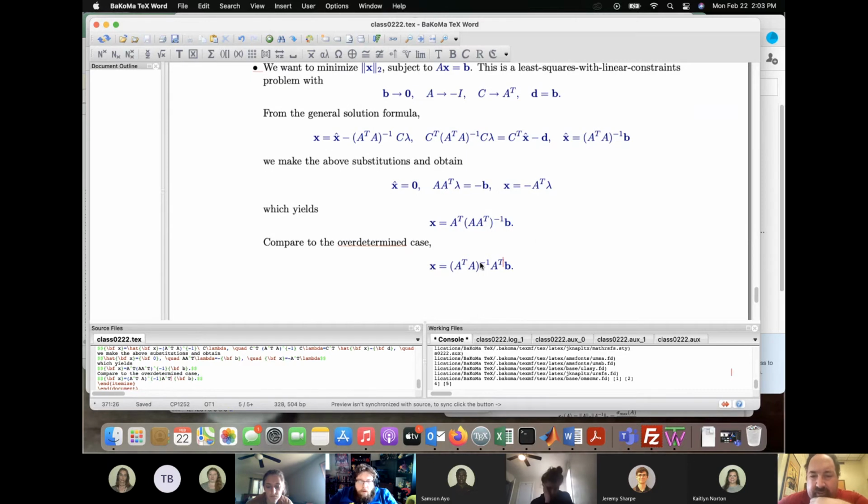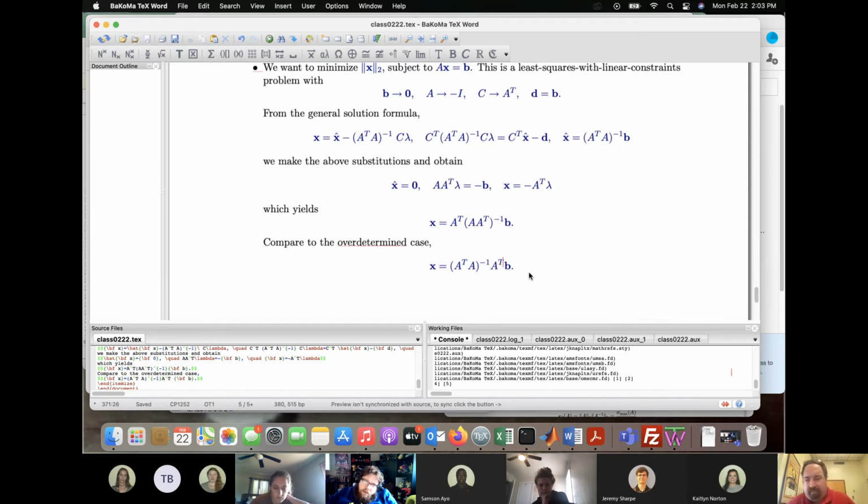We're taking A and A transpose in some combination, inverting them in opposite ways in each case. In the overdetermined case, this is a square invertible matrix, whereas in the underdetermined case, this is. And then A transpose is on different sides, depending on which problem it is, all multiplied by B.